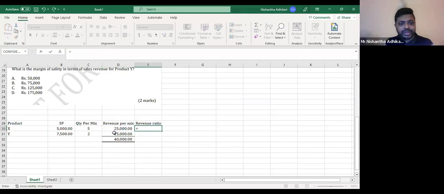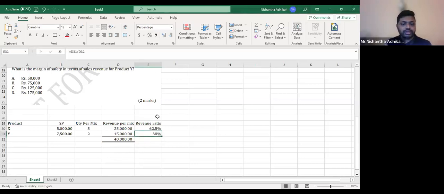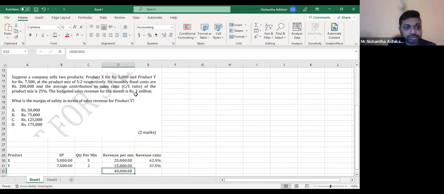Out of 40,000 in a revenue mix, 25,000 is coming from X, that as a percentage is 62.5. Y as a percentage of revenue per mix is 37.5, right? That is the revenue mix. Now you have the information, average CS ratio given as 25%.